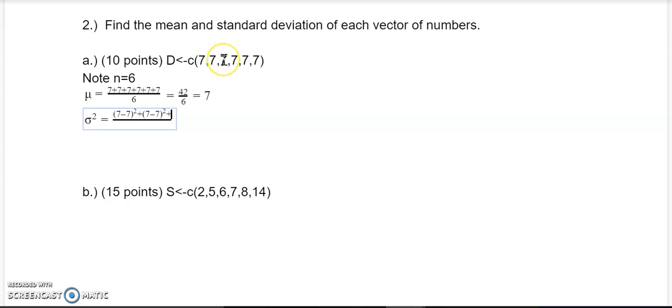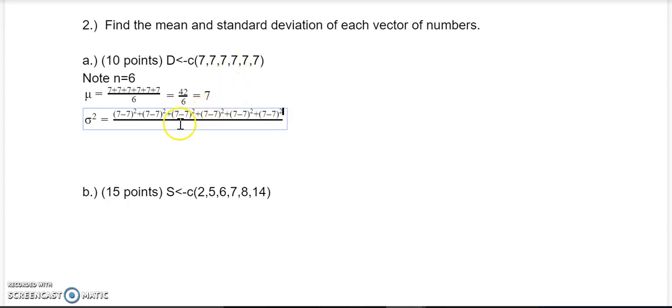Going on to the next value, there's all 7s for this vector, so it'll be 7 minus 7. The fourth value in the vector is 7 also, 7 minus 7 squared. The fifth value in the vector is 7, and the sixth value in the vector is also 7.